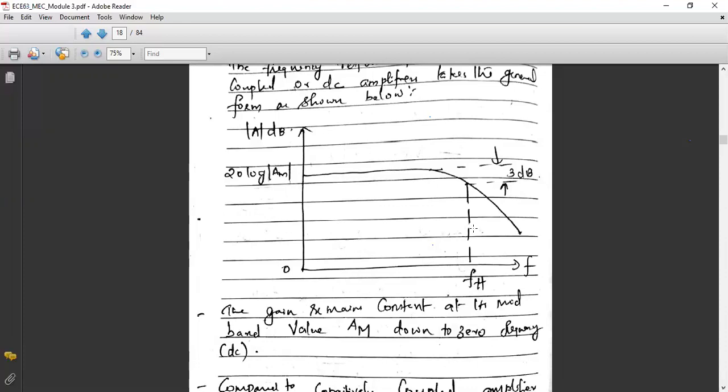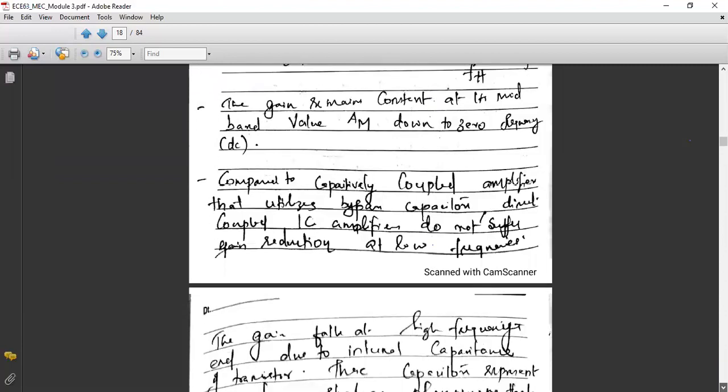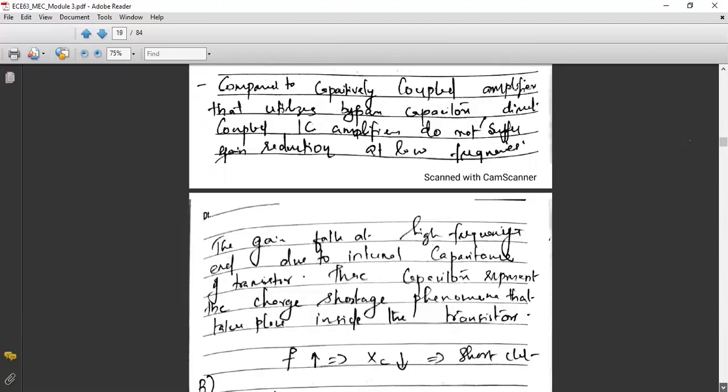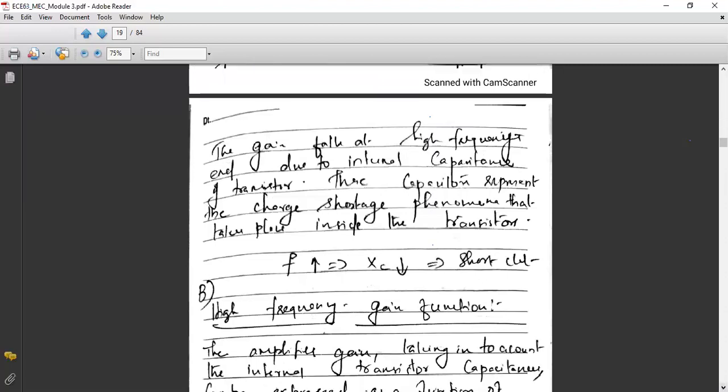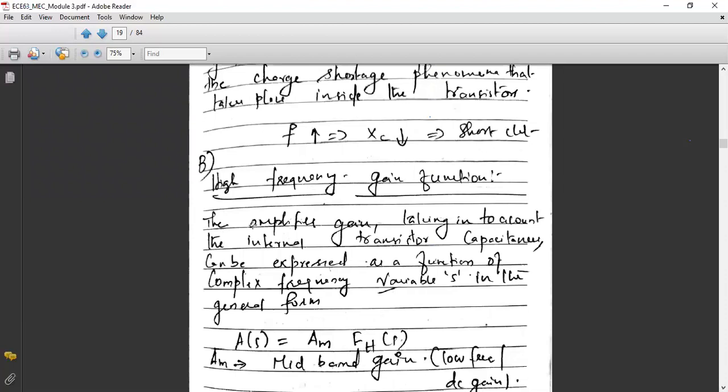So instead of putting just a constant A, now you will put a function of frequency, that is A of S. That A of S we need to find out. Now, how does this A of S vary?